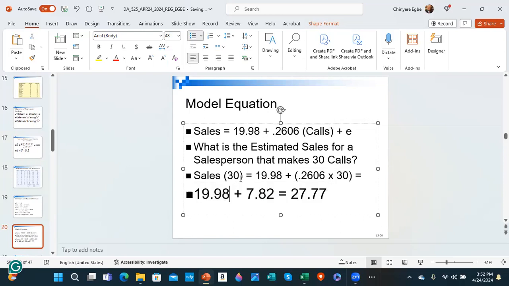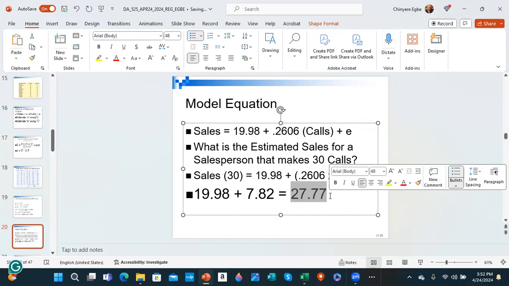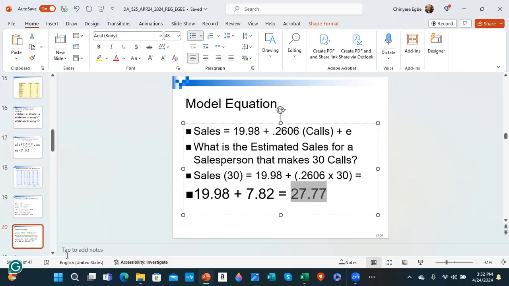So S of 30 will be 27.77, which is between 27 and 28. They might sell 27, they might sell 28. More likely they will sell 28 than 27, but some will get 27 and some will get 28.